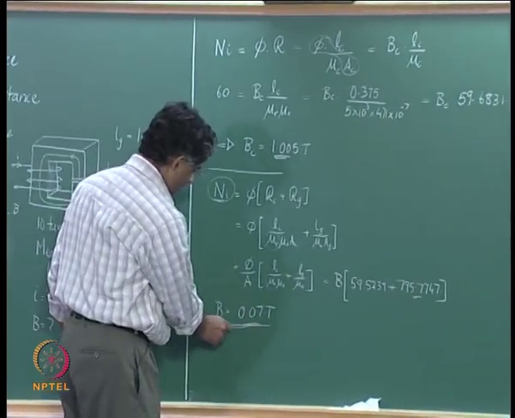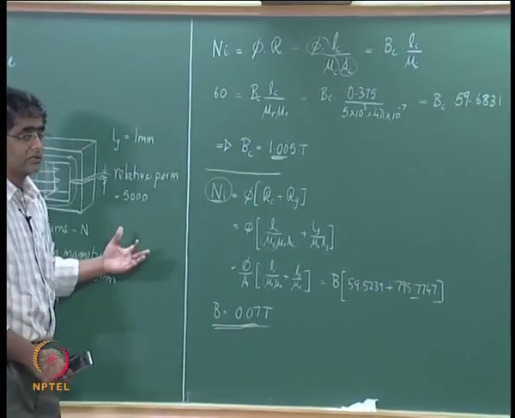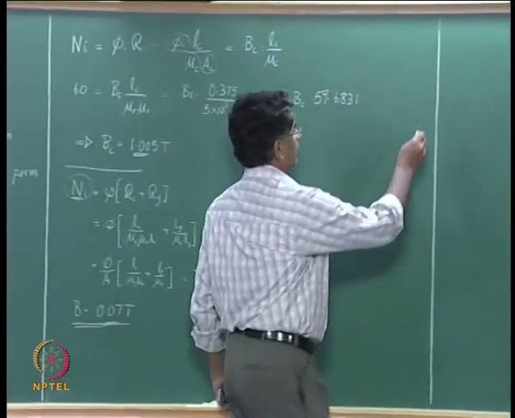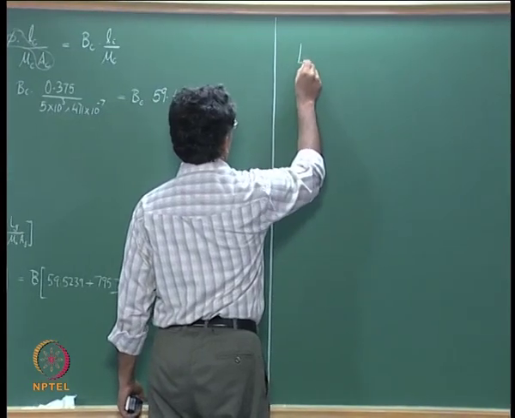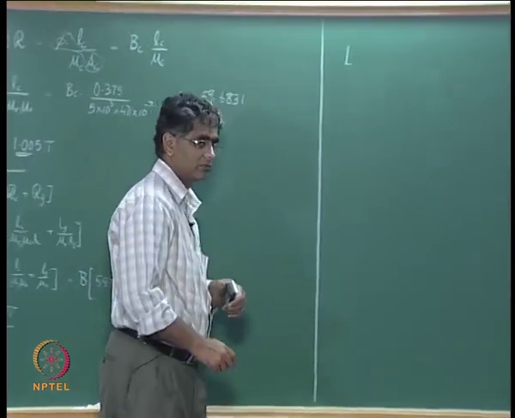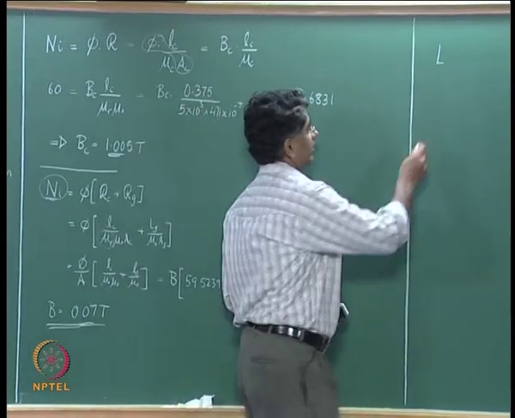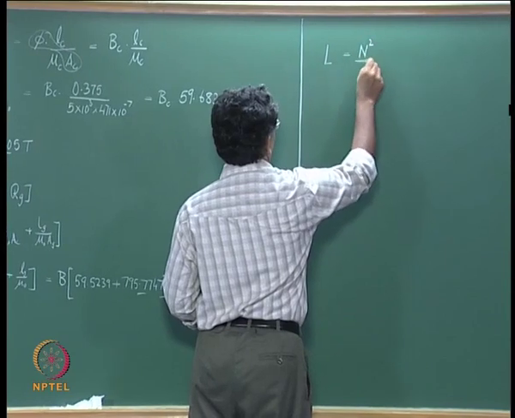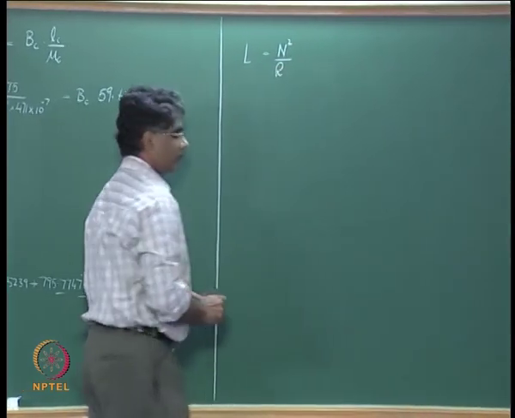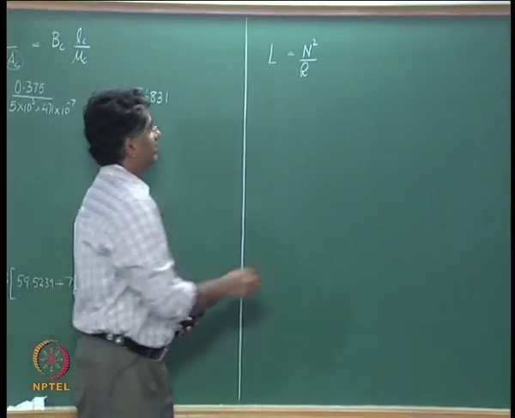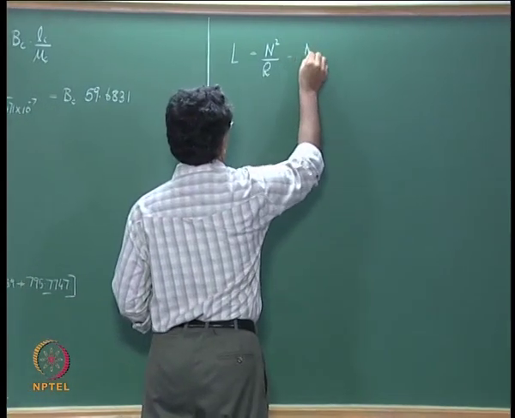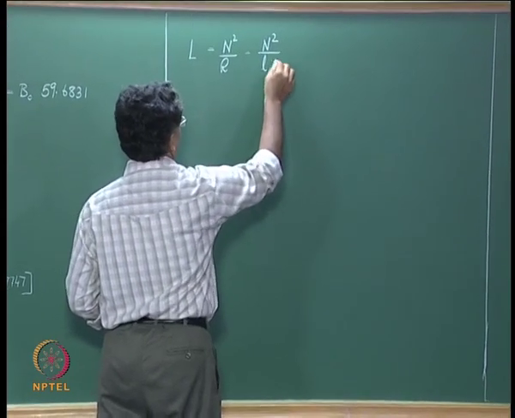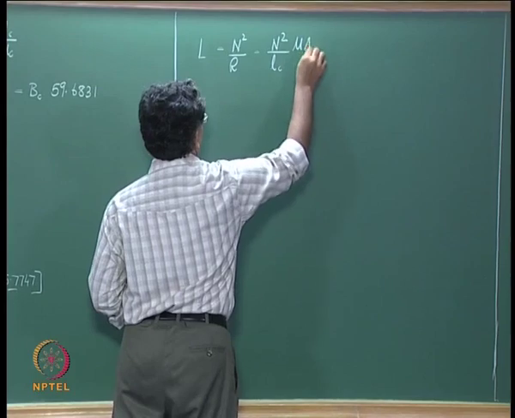So using this, one can now estimate inductances. One can find out what is the value of the inductance of this wire loop. As you know, inductance is given by N square divided by the reluctance, and the reluctance is, that is, N square divided by length of the core divided by mu into area of the core.